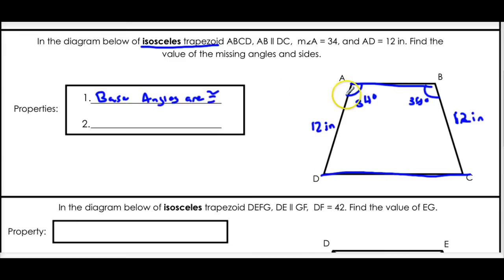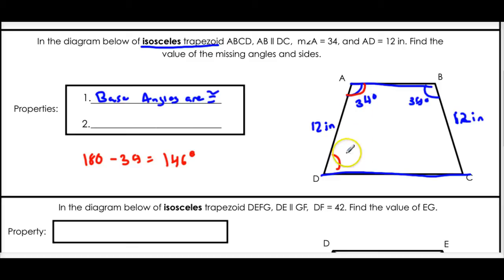The second thing we know is that angles on the same leg are supplementary. So if we look at this leg, AD is a leg. These angles must be supplementary. To find out what D is, all I have to do is 180 minus 34, and that gives me 146 degrees.